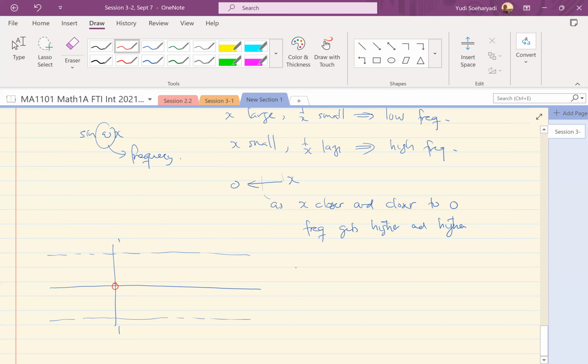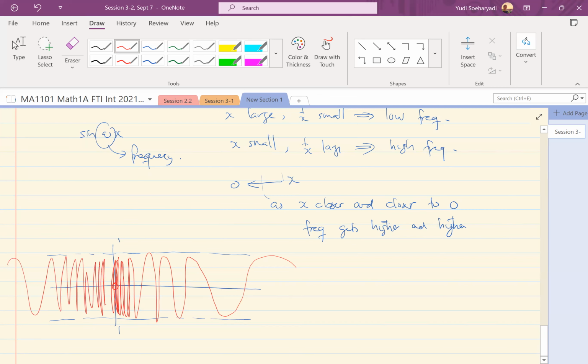So say this is frequency S, and it gets very messy around here, right? Because it's very high frequency. And the same thing here because it's an odd function anyway. Okay.